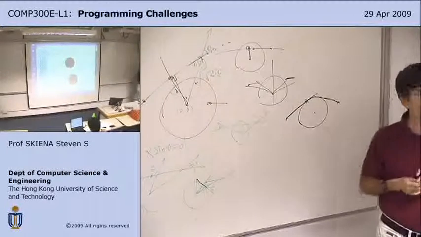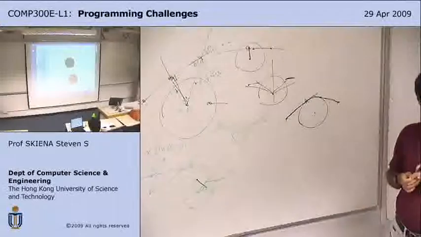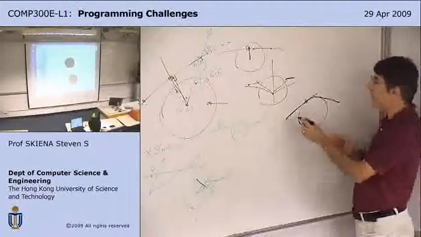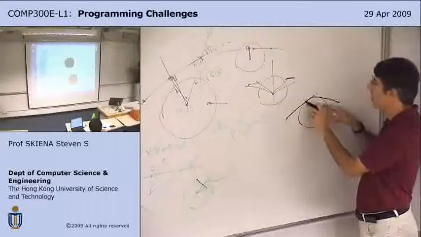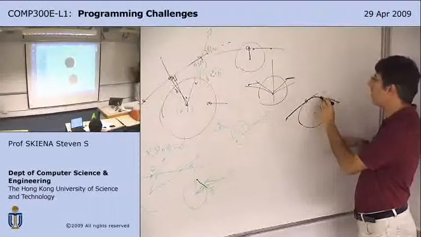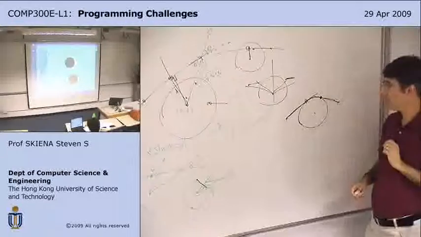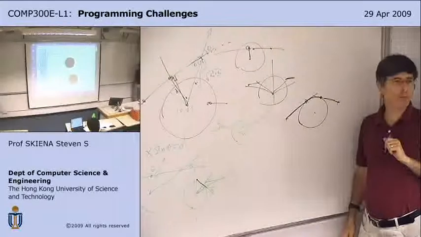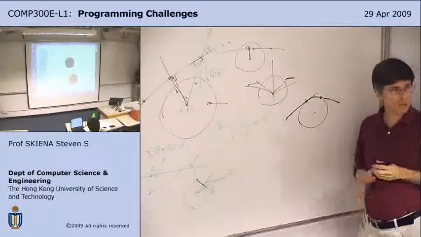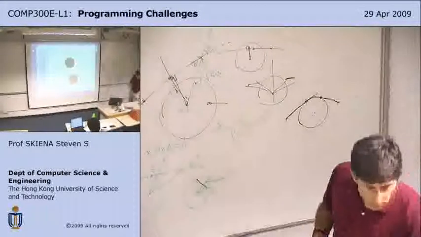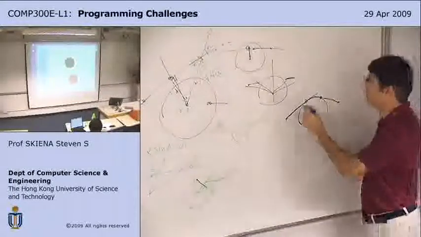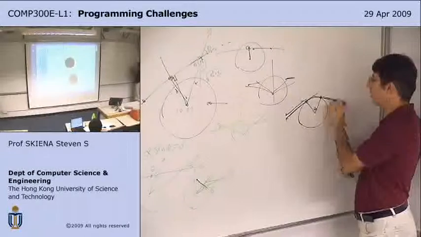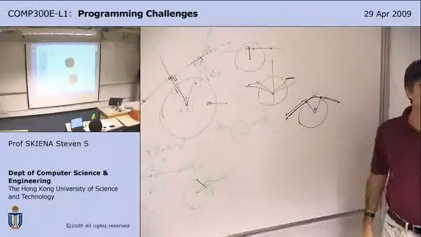So if we knew the tangent points, then I claim we would be done. But you're saying that's not really what we need to know. We can get away with less, perhaps, right? We could get away knowing the distance from here to here and the angle. Is that right? So how do we find that out?